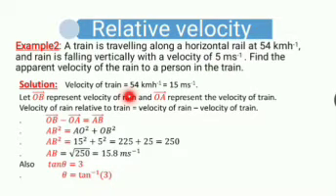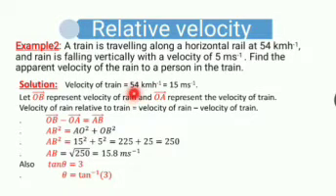From kilometer to meter, we multiply this 54 by 1000, so it will be 54,000. Then to convert hour to seconds, that is 60 multiplied by 60, which is 3,600.